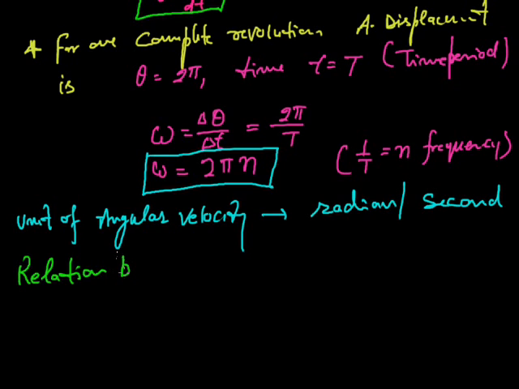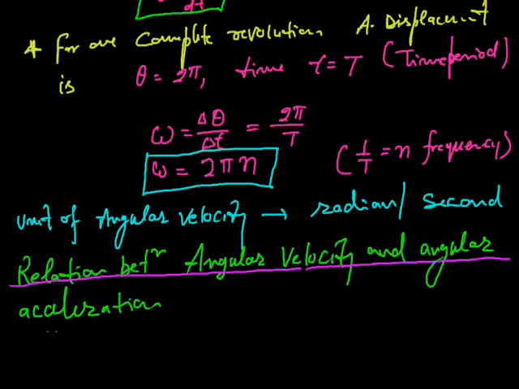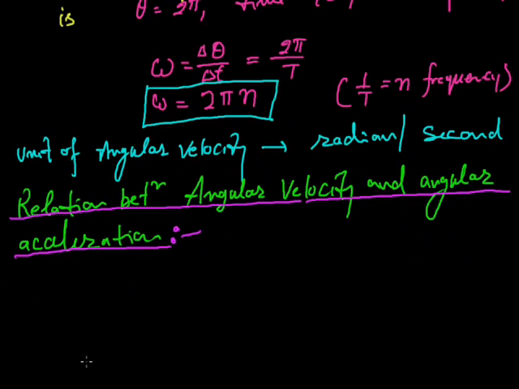The relation between linear velocity and angular velocity. We know that delta theta is equal to delta x by r, and delta x is equal to r delta theta.